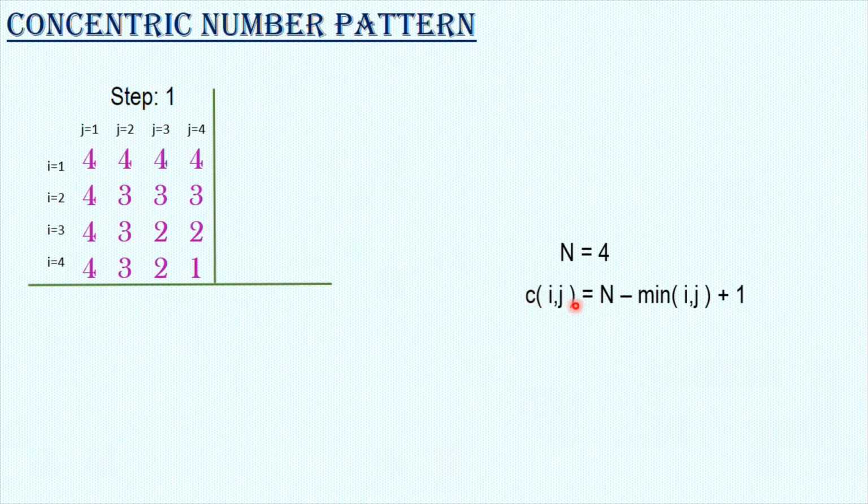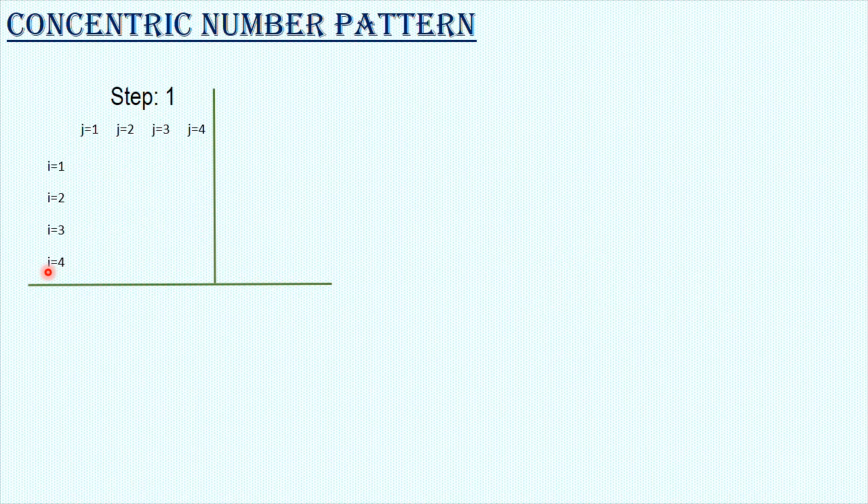Minimum of 3 comma 4 is 3. So 4 minus 3 plus 1 is 2, and we can observe this: when j equal to 4, i equal to 3, the value is 2. So the cell value is obtained with the formula n minus minimum of i, j plus 1, where n is the size of the concentric square.